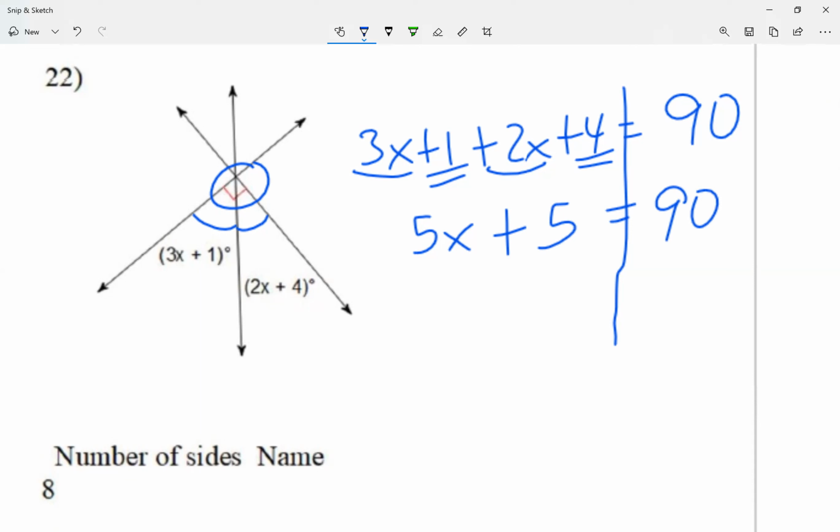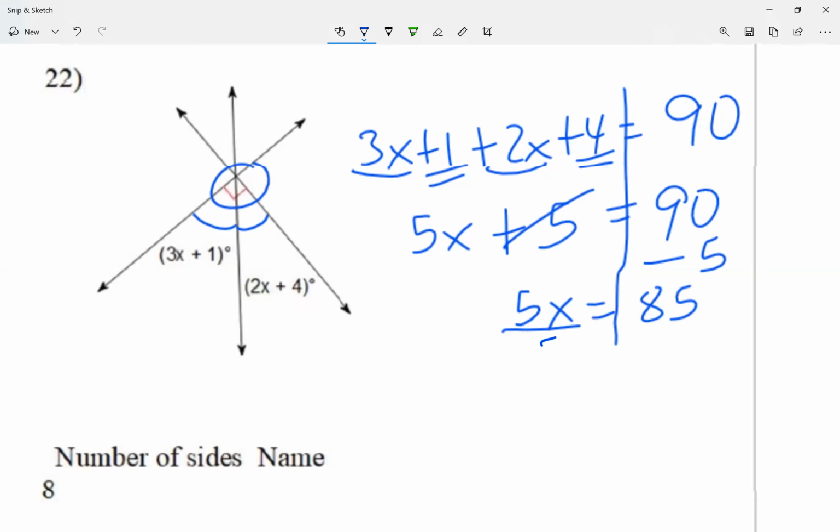I want the 5x by itself. So this plus 5, let me move it over as a minus 5. Don't forget to switch the sign. So that gives me that 5x is equal to 85. 90 minus 5 gave me 85. Let me divide by the number in front of x. So in this case, let me divide both sides by 5.